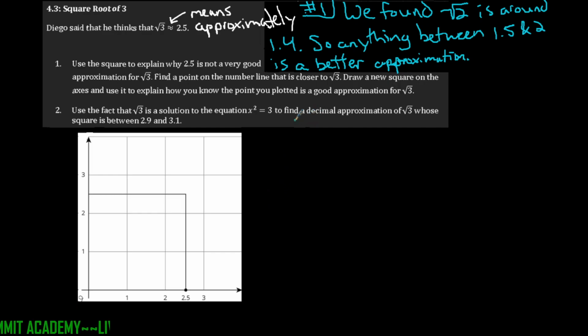Also, I can prove that this is not correct, because if I look at 2.5 squared, using that handy calculator, 2.5 squared equals 6.25.